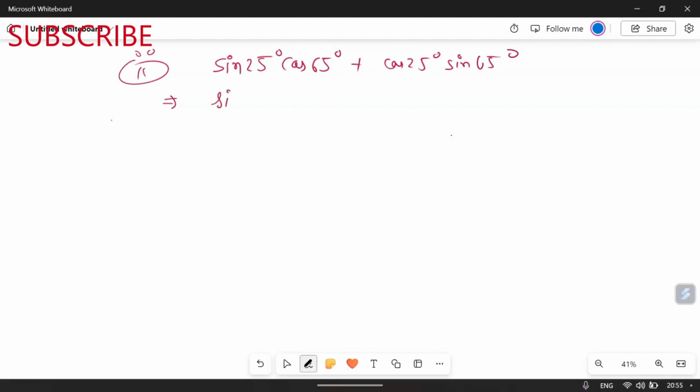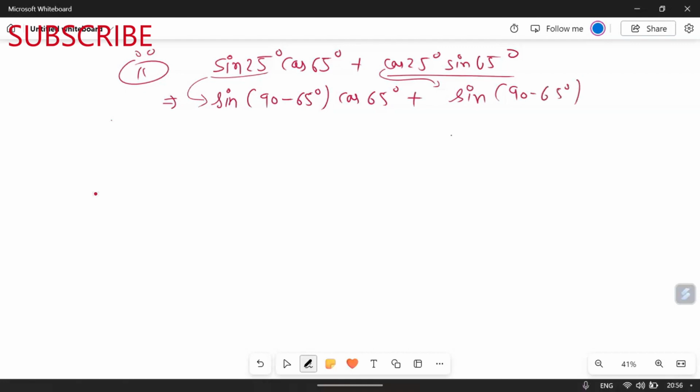So we will use sine 90 minus 65 degree cos 65 degree. In this also, since we have converted cos sine into cos in this portion, we need to convert cos into sine in this portion, so we can use the identity later on. So sine 90 minus 65 degree sine 65 degree.